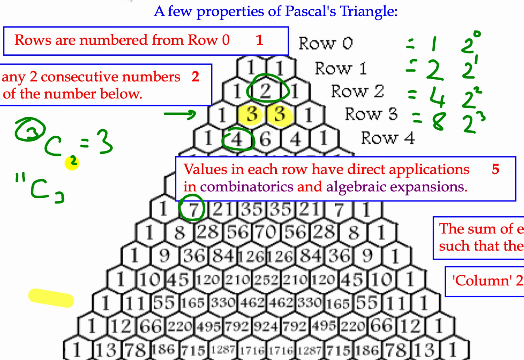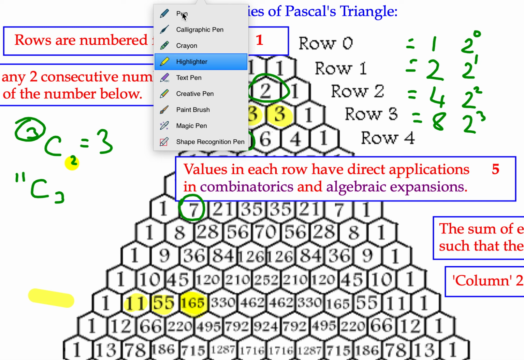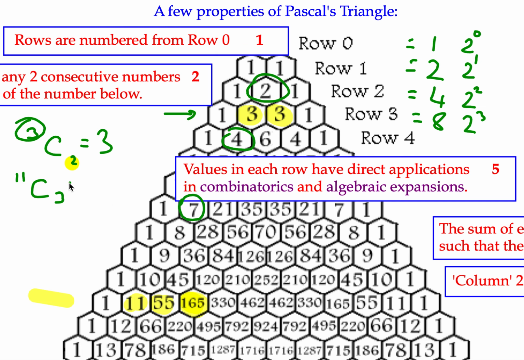We're at row 11, and if we don't count the first 1 and we go 1, 2, 3, ta-da, it's 165. And that's what we said it was from our calculator, that indeed 11 choose 3 was 165. So we've got a way of working it out with a calculator, and we've also got a way of working out the answers using Pascal's triangle.